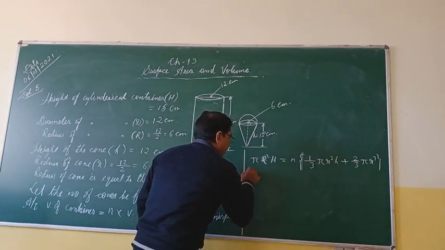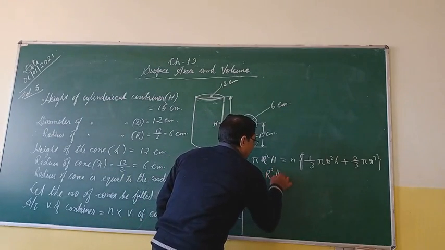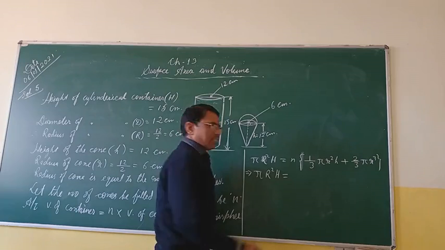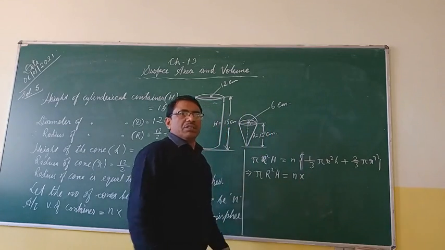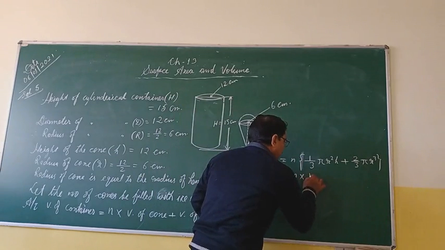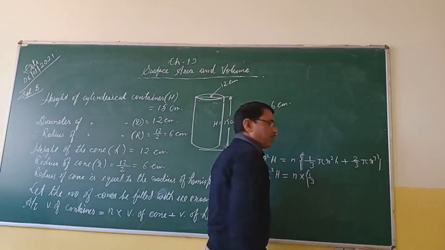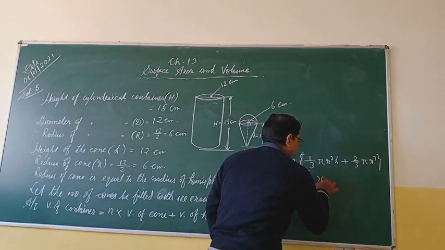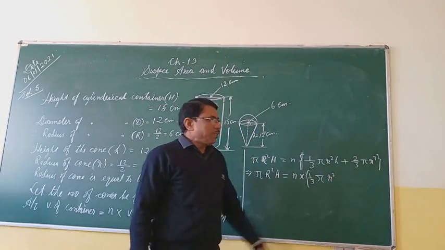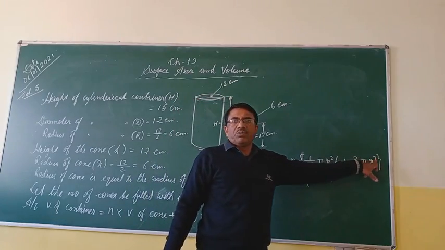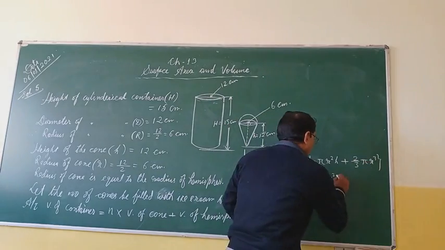Now we start with the implies symbol. Pi R square H is equal to n into, we shall take common now, 1 by 3, pi also same, r square is also same, because here is r square, here is r cube. We can take r square common.